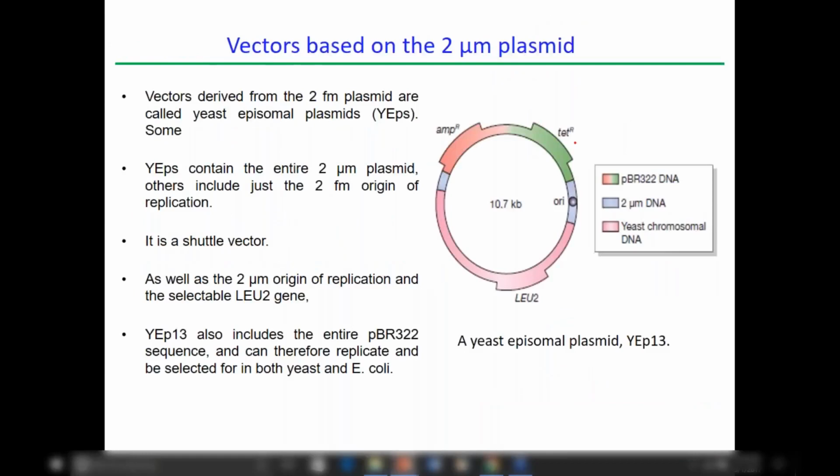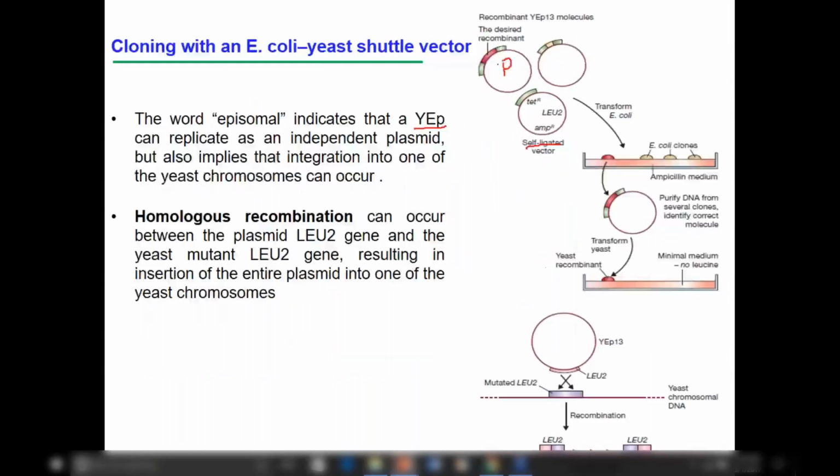So first we are inserting a DNA into this tetracycline portion. That is what it clearly shows here. The gene of interest is inserted in between the tetracycline gene. So initially it is resistant.